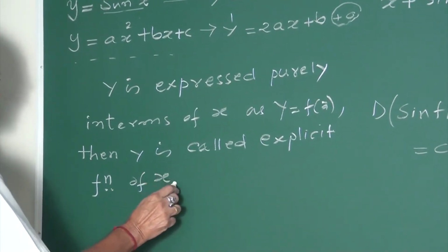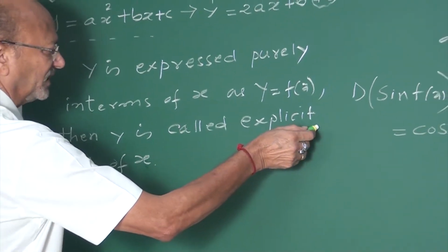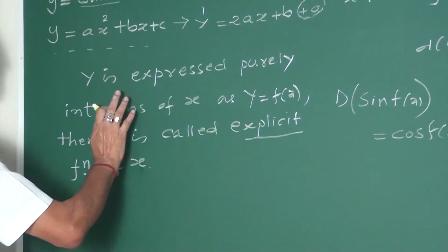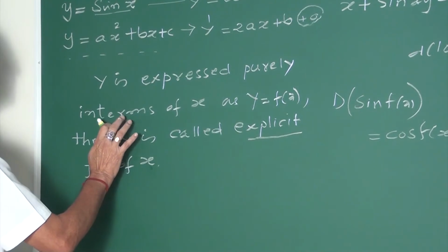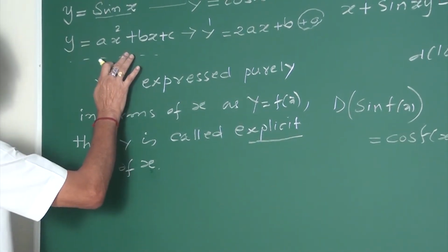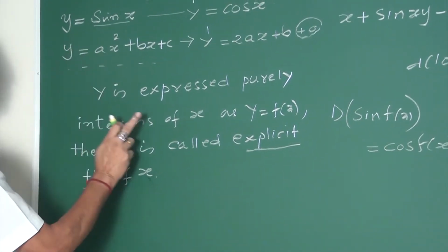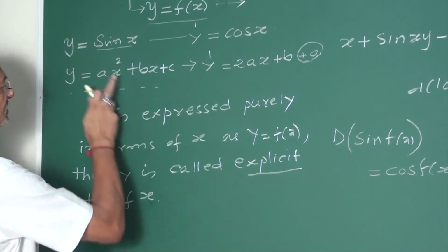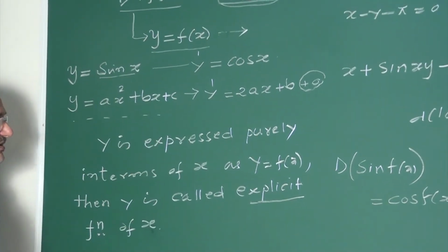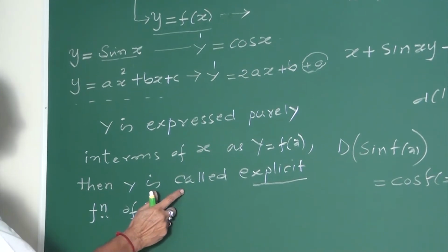Explicit. Then by this definition, what have we done so far? Derivatives of explicit functions. These are known as explicit functions.